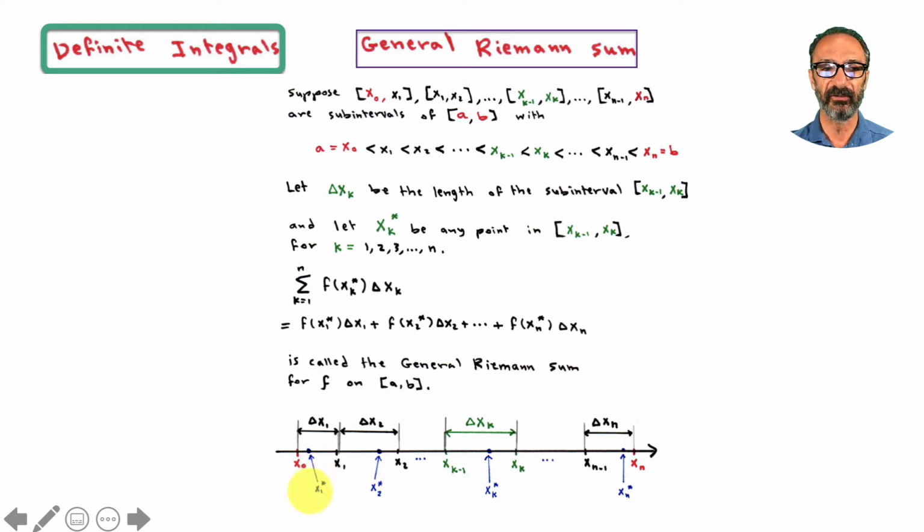For the first interval, instead of saying f of x sub 0 or f of x sub 1, we're going to say f of x sub 1 star. It doesn't matter where, because imagine if this delta x1, as a limit concept, goes to 0. So you get my point. It doesn't matter anymore if we call it left or right. That is what we did in the last video, and this is called the general Riemann sum, instead of calling it left, right, or mid.